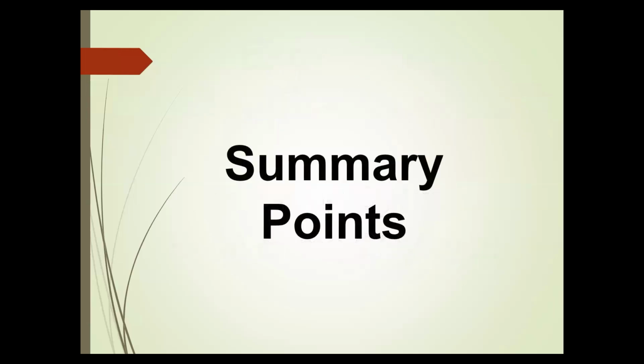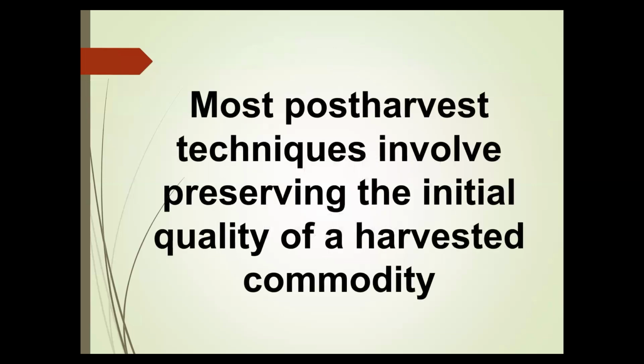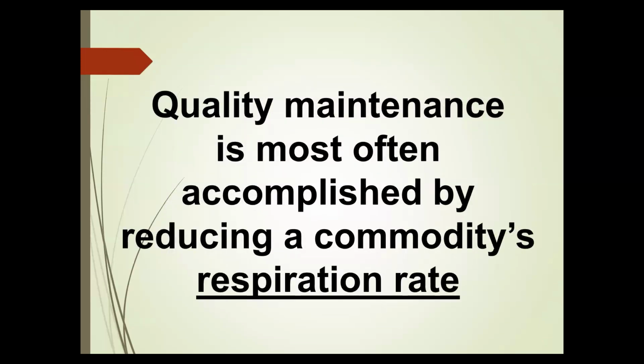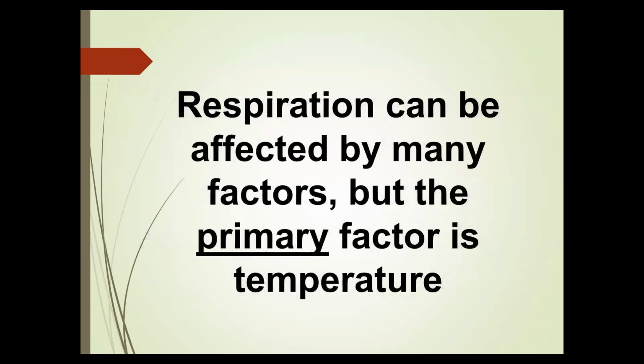Summary points. Most post-harvest techniques involve preserving the initial quality of a harvested commodity. Quality maintenance is most often accomplished by reducing a commodity's respiration rate. Respiration can be affected by many factors, but the primary factor is temperature.